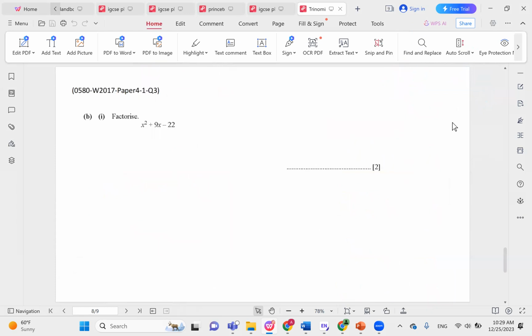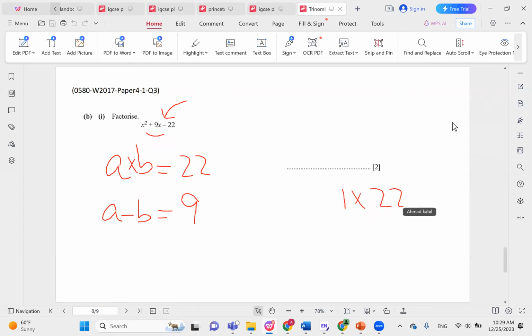Here we want to find two numbers multiplied together, giving us 22. So a times b equals 22. And based on this sign again, a minus b equals positive 9. And we start with the factors of 22. So 1 times 22, the difference here is 21.